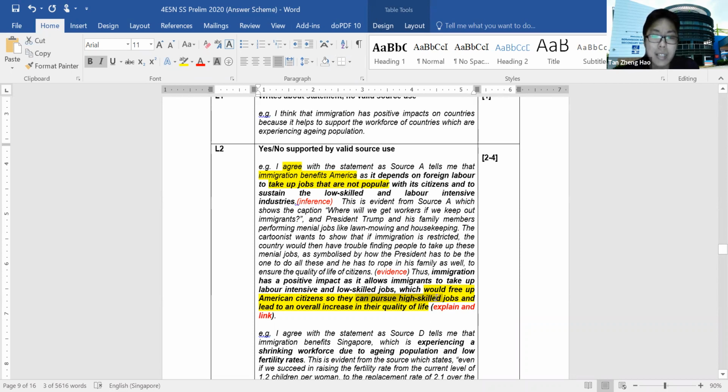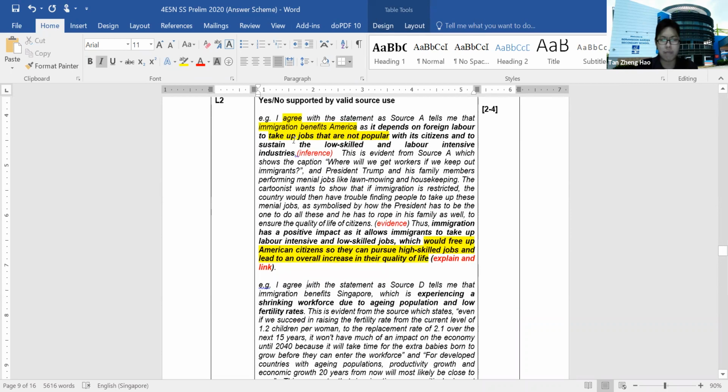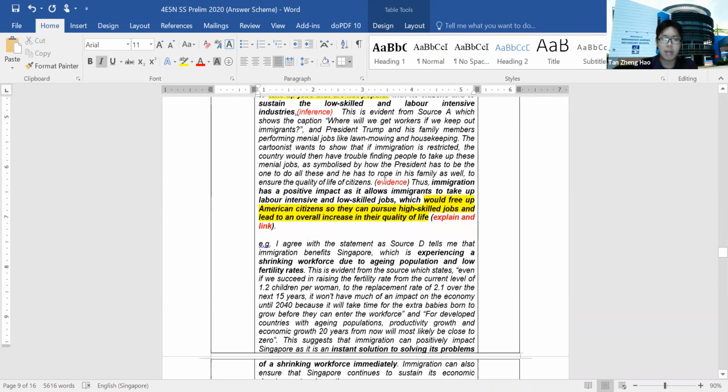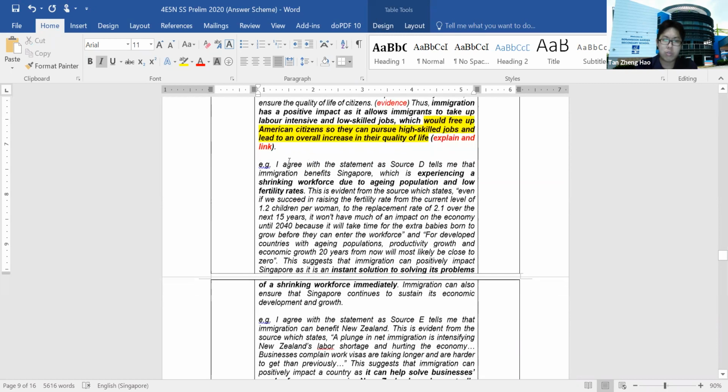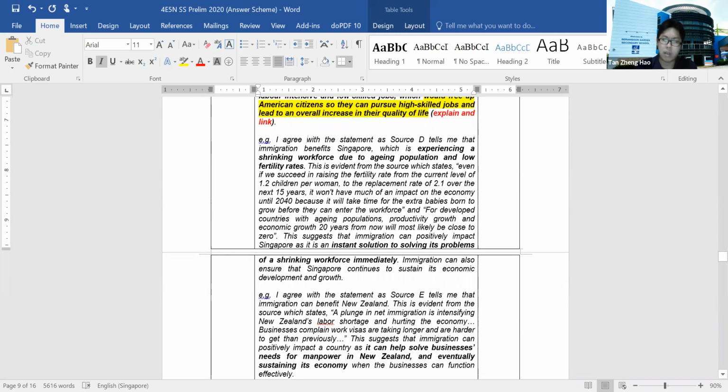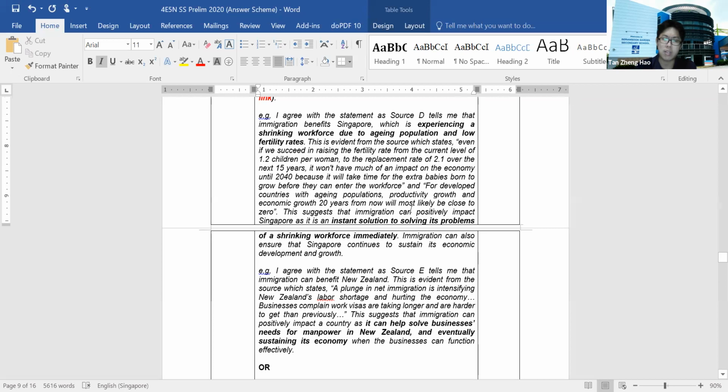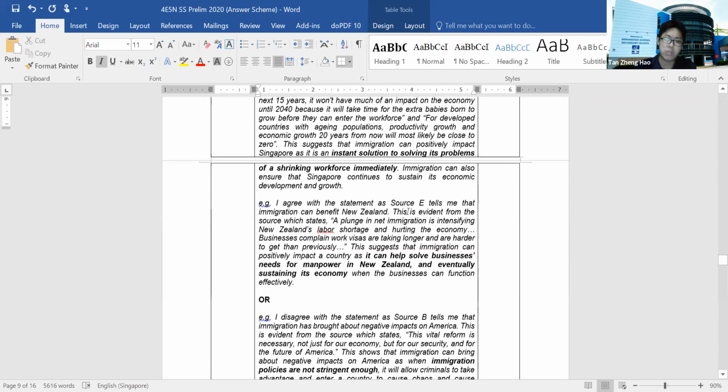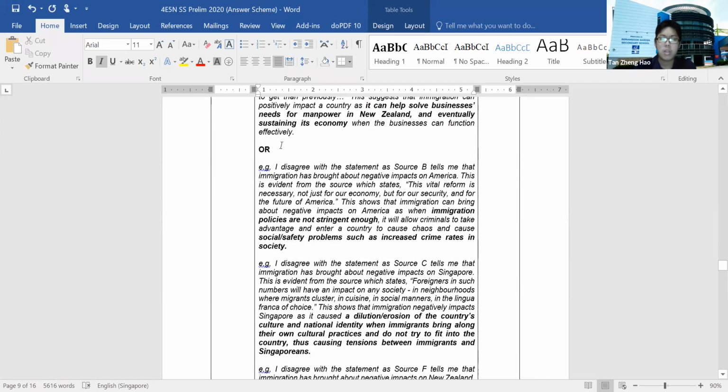They can pursue higher skilled jobs. And if you do higher skilled jobs, maybe you can earn more and live a better life. Okay, so this is an example of a source that agrees. I'm not going to go through all the other sources that agree. You can pause the video and read the answer yourself. But I'm going to go through a disagree just to show you a sample.